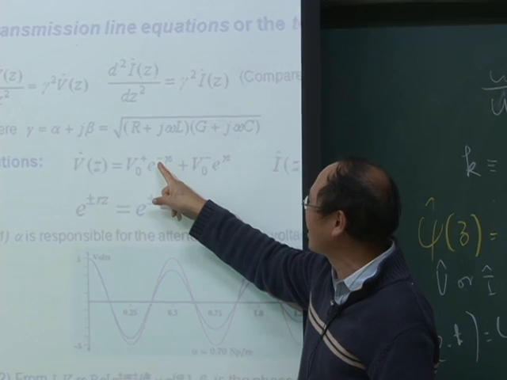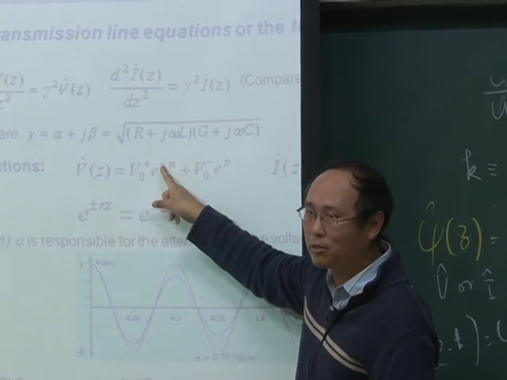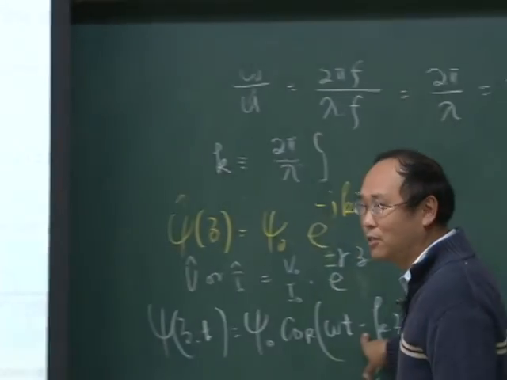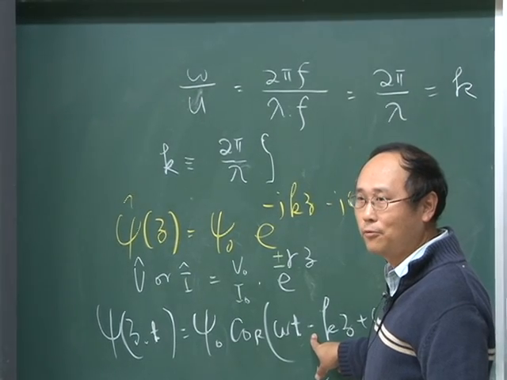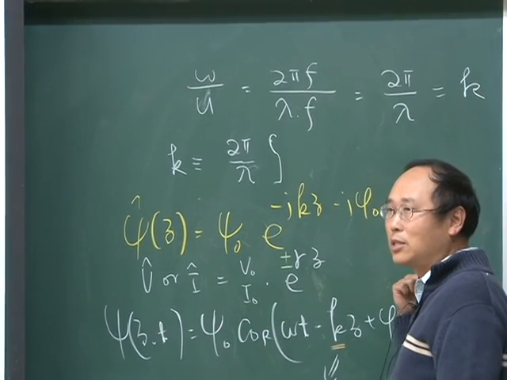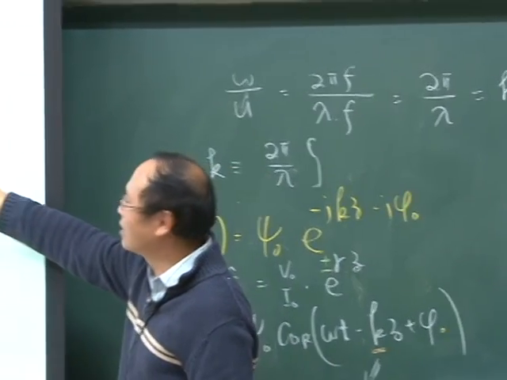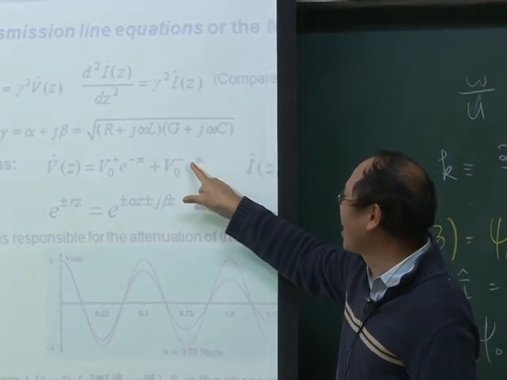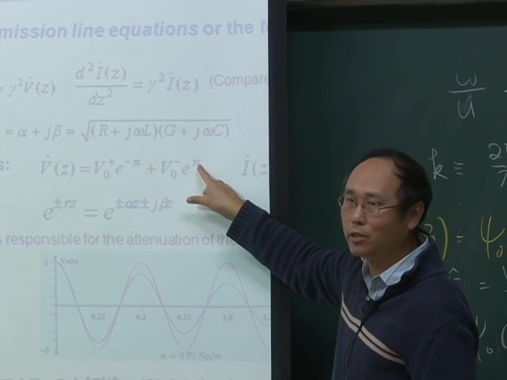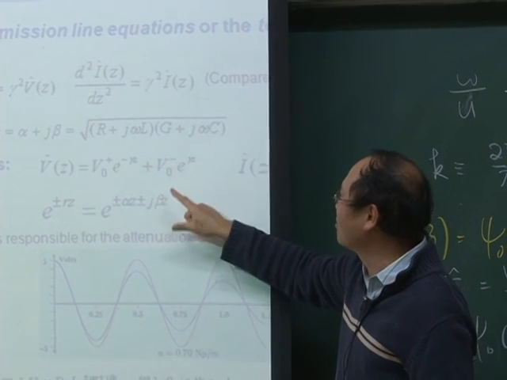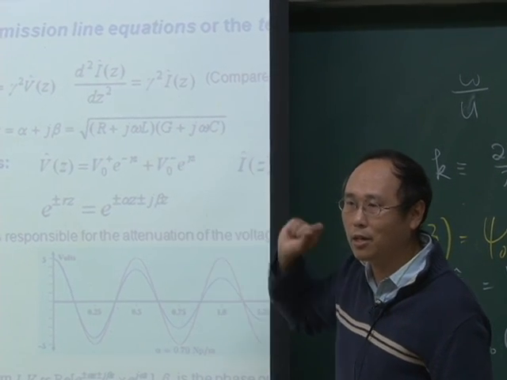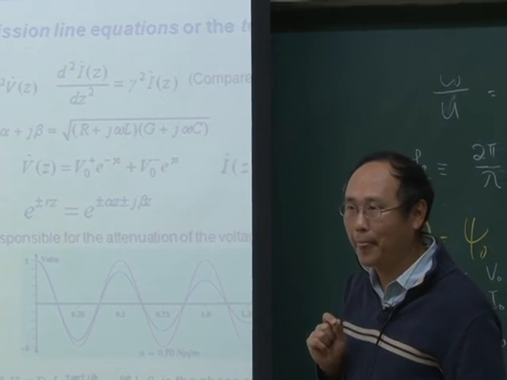With positive z direction propagation, you have minus sign here. Just like you have a minus sign here for wave propagating in the positive z direction. Okay, and for a backward propagating wave, you have plus gamma z in your expression. But this gamma could be a real number, could be a complex number.